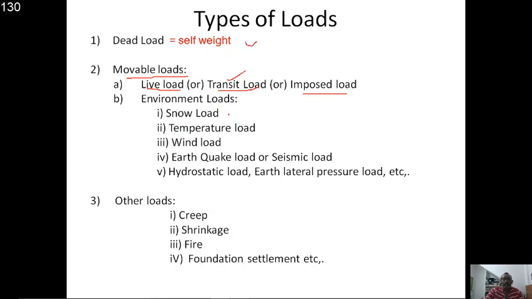Environmental loads, like snow load in North India, where maximum snow will fall on structures. That snow load is taken into account in the Srinagar area, for example. Temperature load, for the nature of South India, where the temperature is huge, even in Rajasthan the temperature is huge. Due to that, structures are vulnerable to deformations, so we have to take those effects into account.